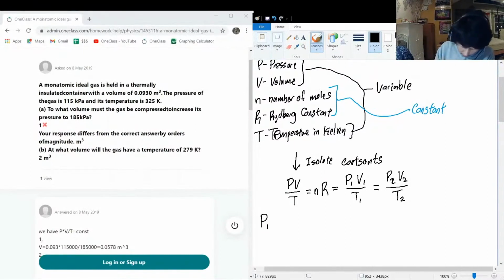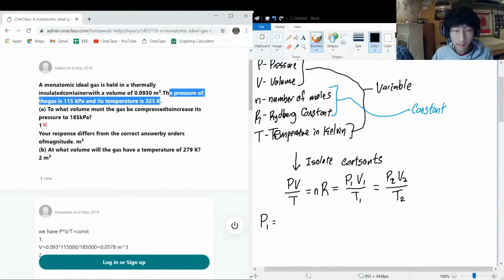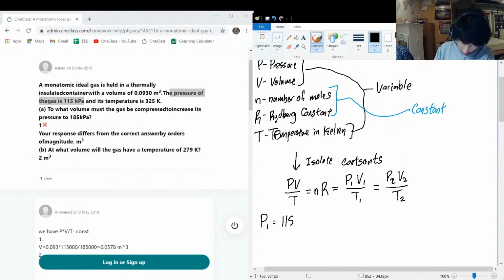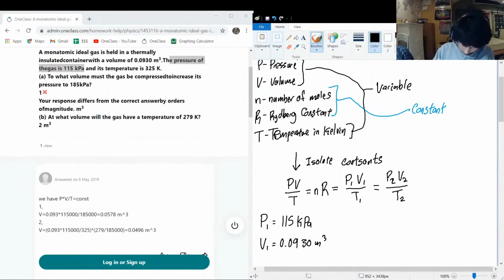So our first pressure, P1, that was given to us as 115 kilopascals. Our volume 1 is going to be 0.0930 meters cubed, and the temperature was 325 Kelvin.